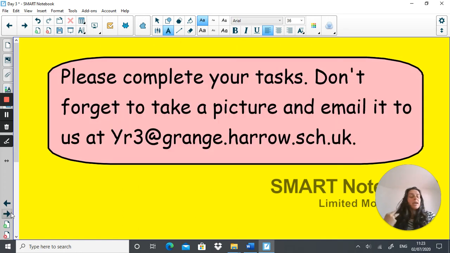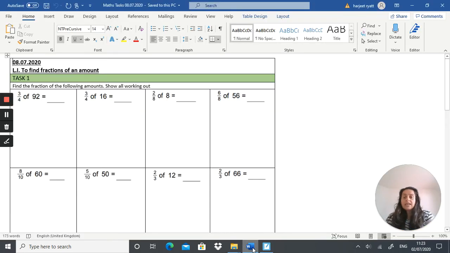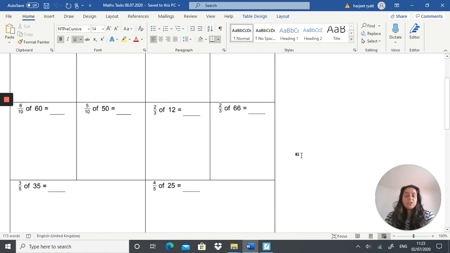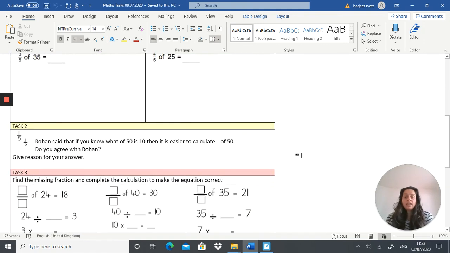And now it's task time, guys. So your tasks are found in the usual place on the Grange website under the online learning tab. And Year 3, when you click onto that, you'll come up with this sheet here. And the LI is at the top. Task 1 is asking you to work out the fractions of these particular amounts. So you've got a bit of space there to show your working out, if you would like.